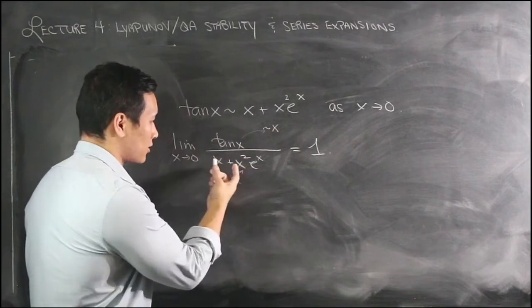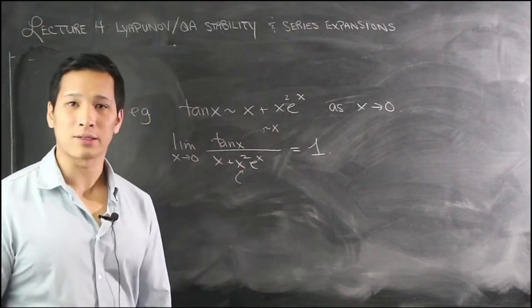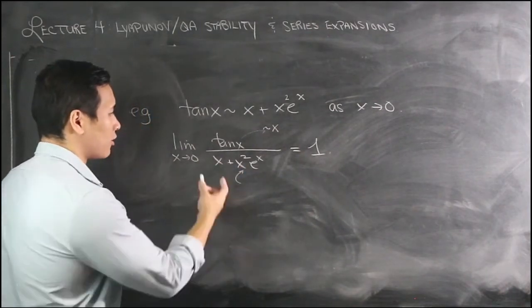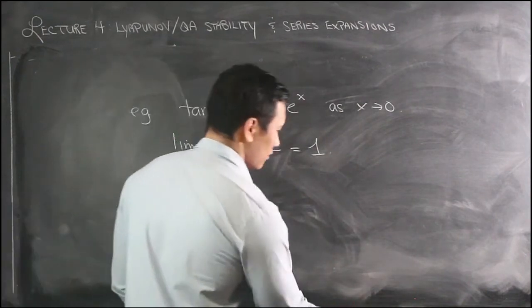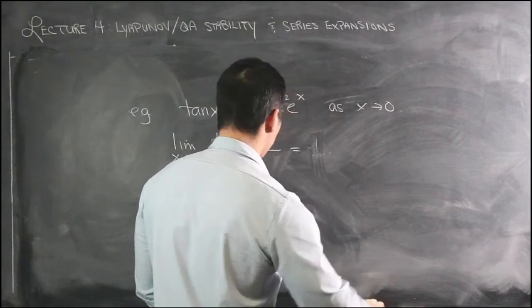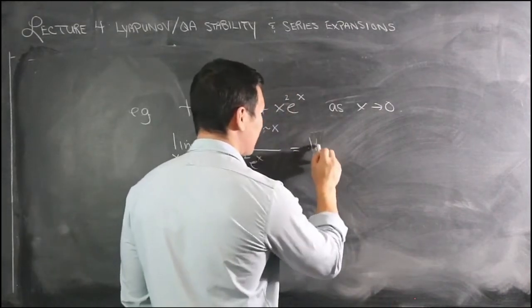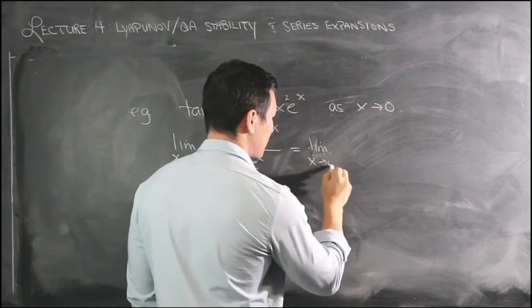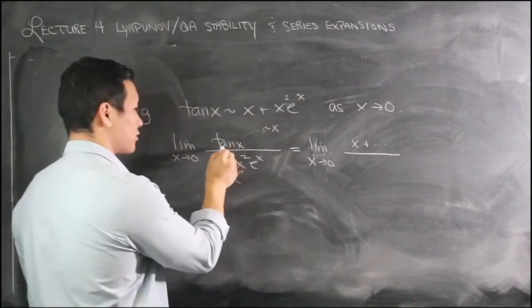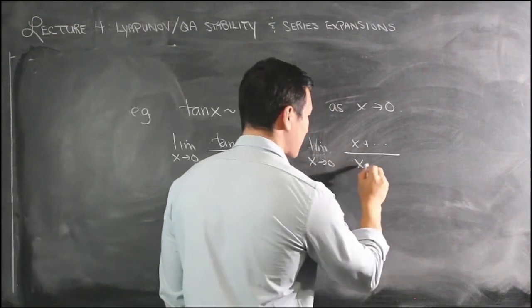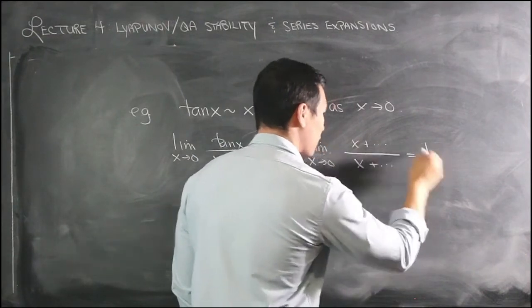And x squared is much smaller than x, as x tends to 0. So I know that the dominant term on the bottom is like x. If you want, this is the limit as x tends to 0 of x plus dot dot dot, that's the first term of the Taylor series for tan x, over x plus dot dot dot, and that's equal to 1.